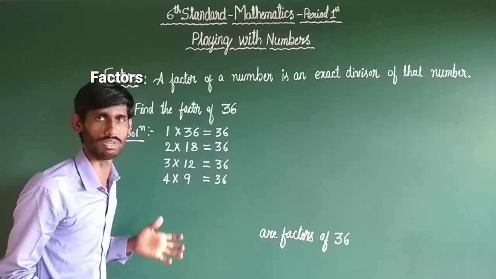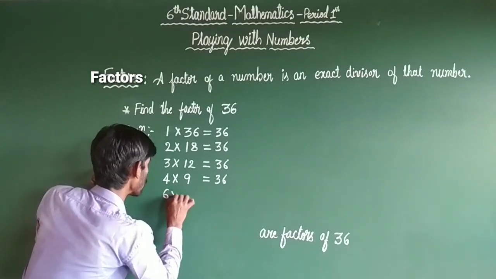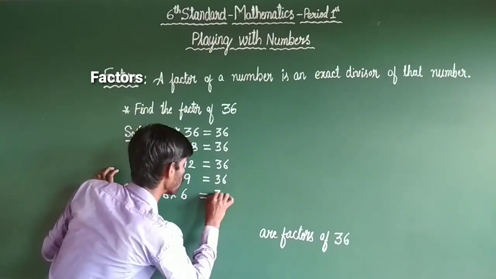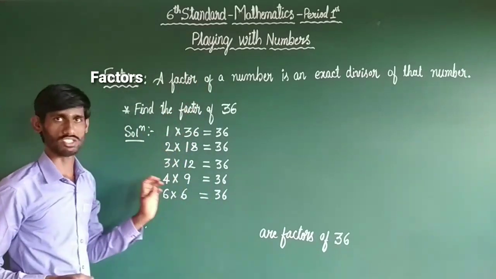Table 5 is not possible. 6 times 6 is 36.